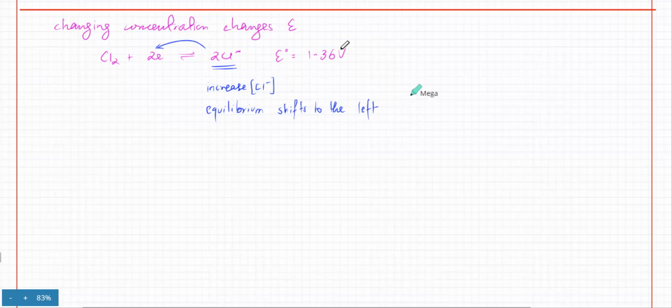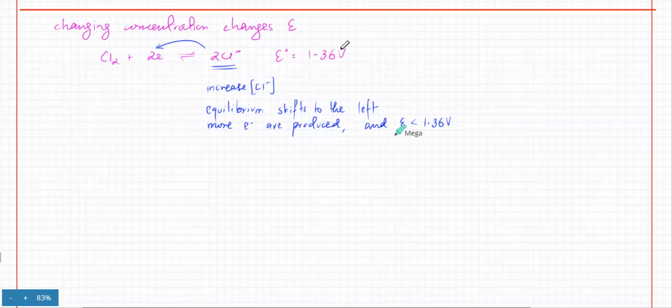And as it shifts to the left, more electrons are produced on the electrode, and the potential becomes less than 1.36 volts. It becomes more negative.